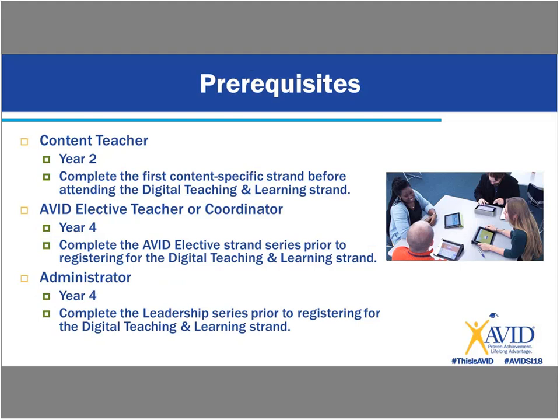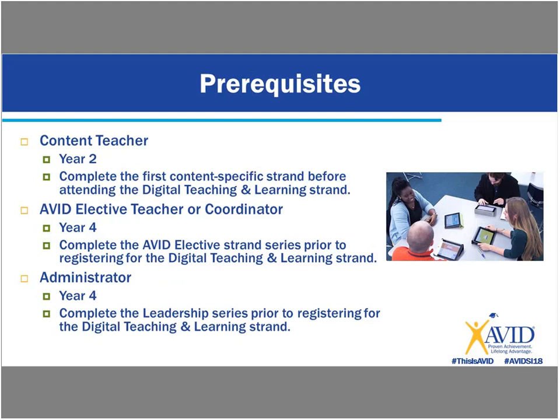So prerequisites. Looking at this, if I'm a content teacher, it's a year 2 strand. So we really want people to have that foundation in AVID, particularly with WICOR, in their content level. So if I'm a science teacher, I really want to attend Science 1 before then coming to the Digital Teaching and Learning strand.